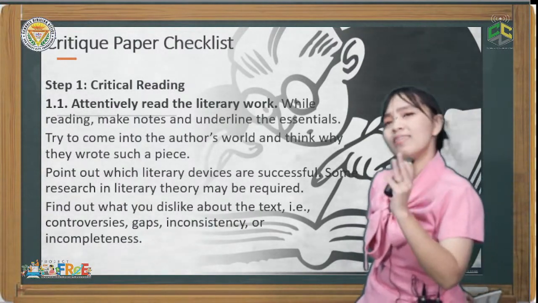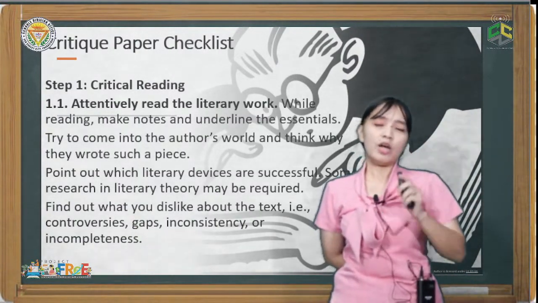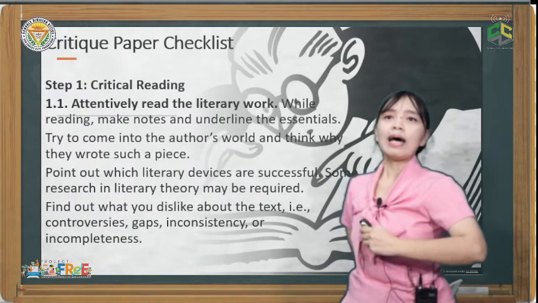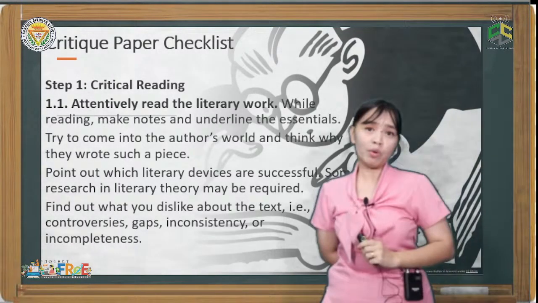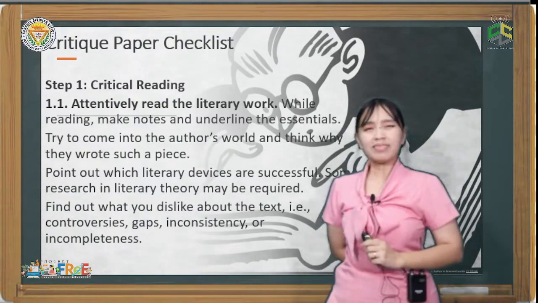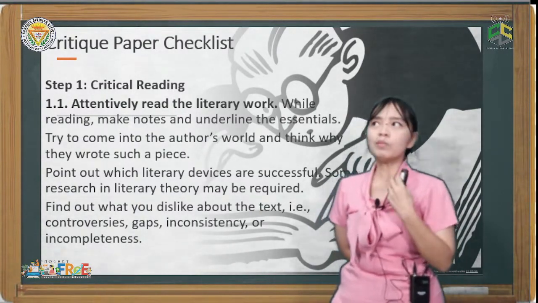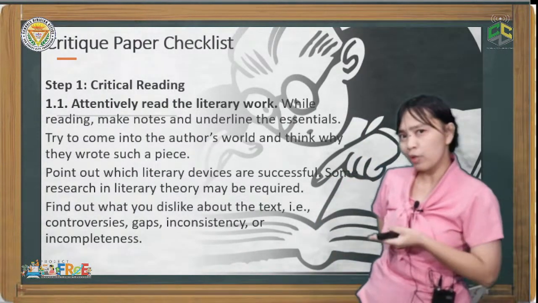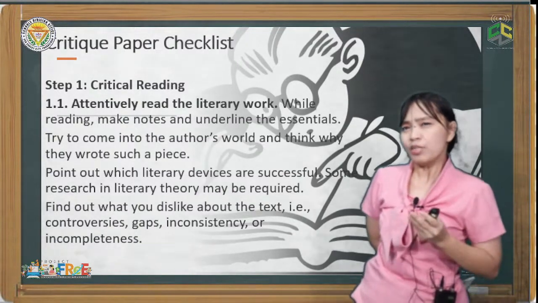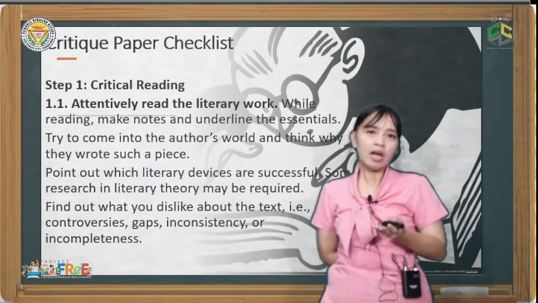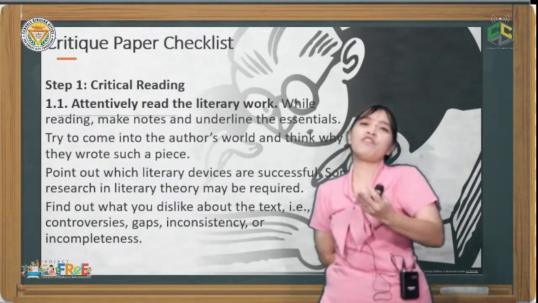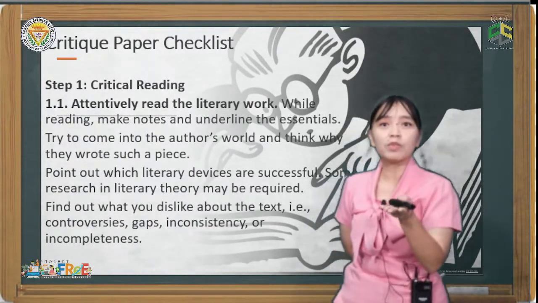Okay, so the first thing that you have to consider is that you are going to attentively read the literary work. Okay, so this is something that is commonly taken for granted among young learners like you. You do not put so much attention to the details that you read. You do not put so much of your heart into the content of the book that you read.